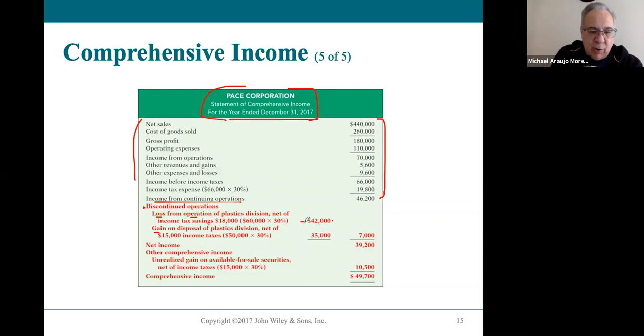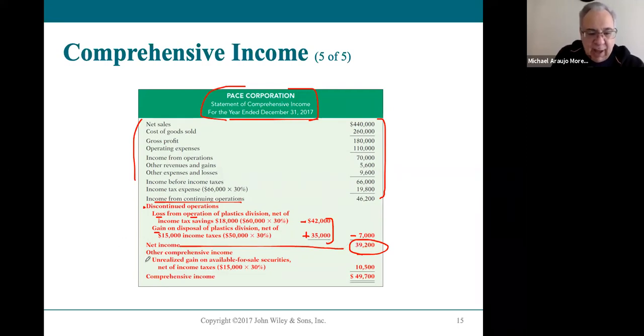So this is going to take away from their profits, but that's going to add to their profits. The net between these two is they have to report another $7,000 loss from this. But that's a one-time event. So now their net income is $39,200. But wait, there's more.